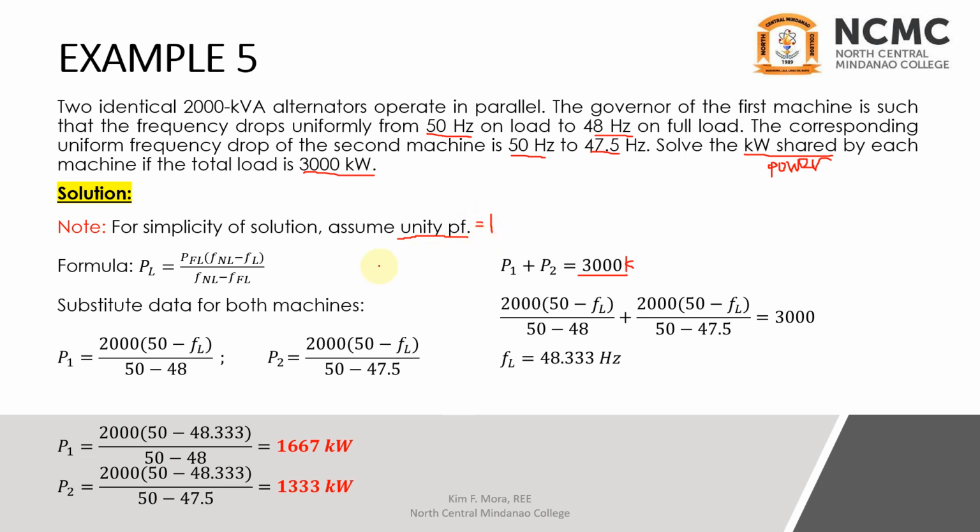So we are going to use the relationship between the power and the frequency, since the frequency is given. So we are going to use this formula: PL is equal to the power at full load multiplied by the frequency of no load minus the frequency of the load, over the frequency at no load minus the frequency at full load.